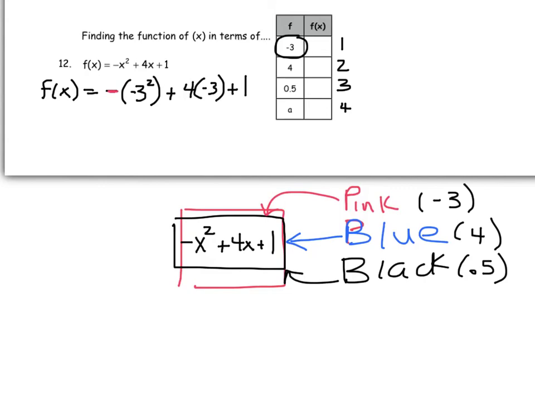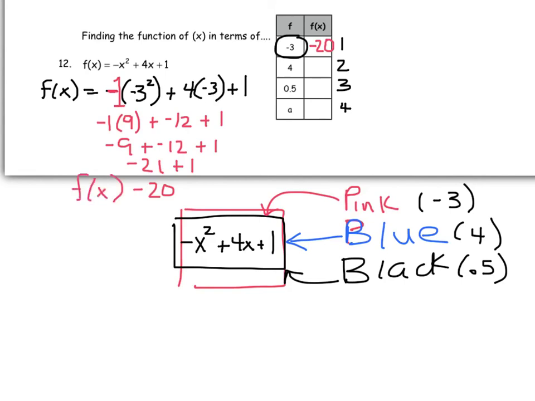Notice I kept my negative out there because the power of 1, don't forget that power of -1. So I have a -1 times 9 plus the -12 plus 1. All right, so when the function of X is -3, the actual answer will be -20.